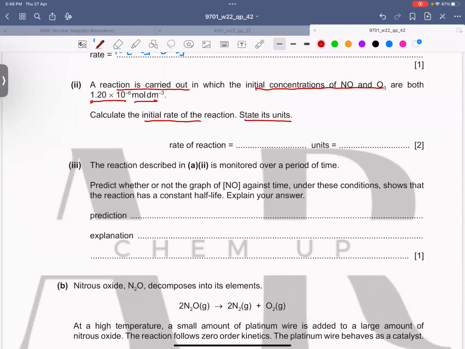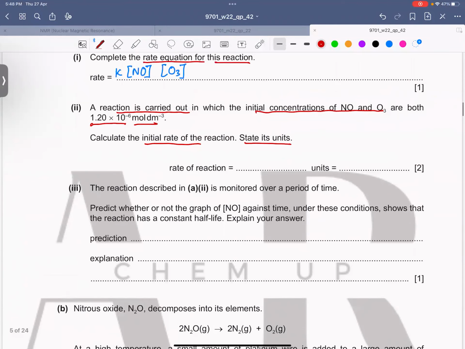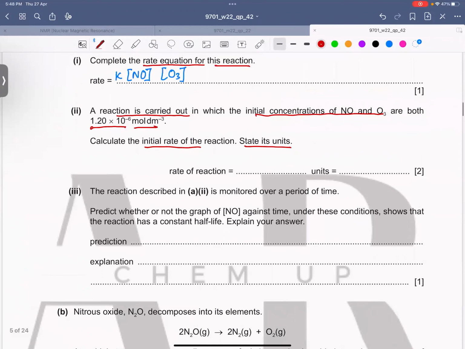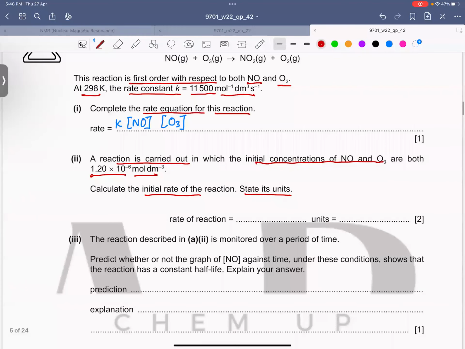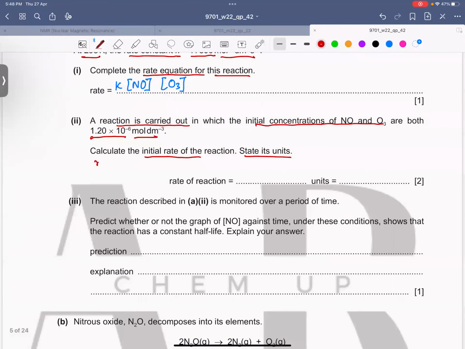Yeah, very good. Because here we have the rate equation and we got the rate constant as well, and we have to find the rate of reaction. So I would use the rate expression that rate is equal to rate constant k times concentration of NO times concentration of ozone.